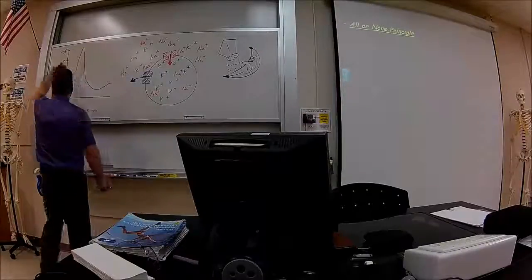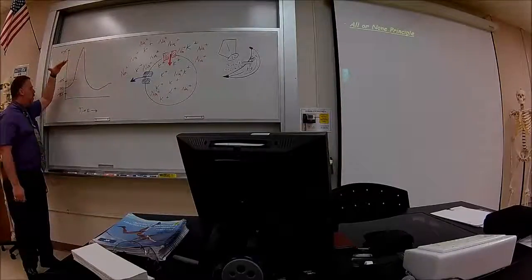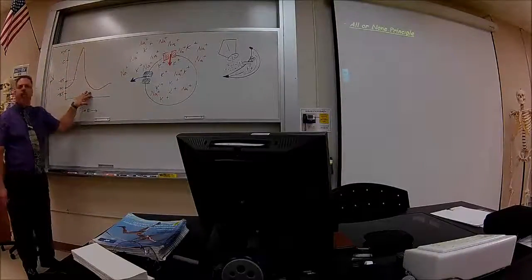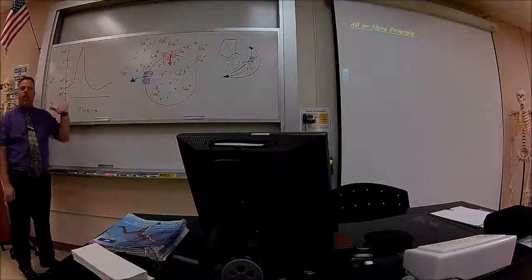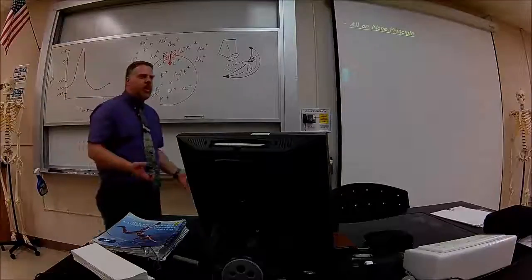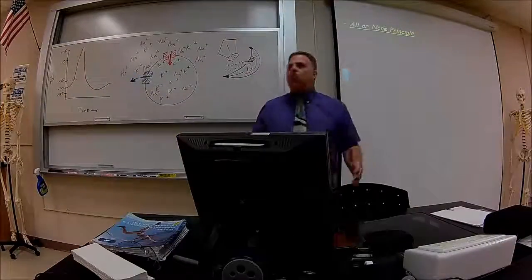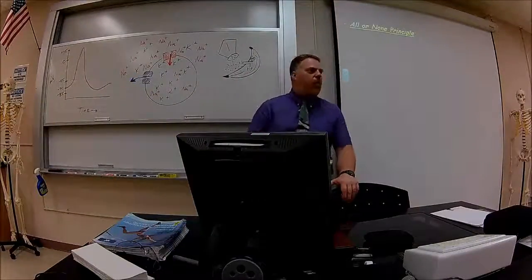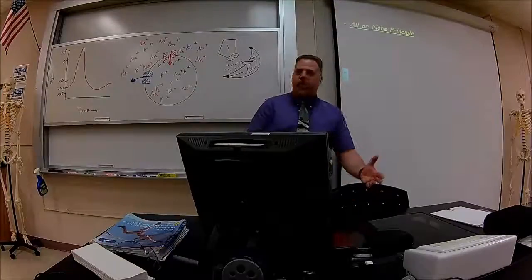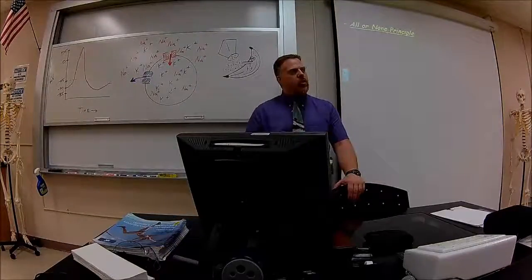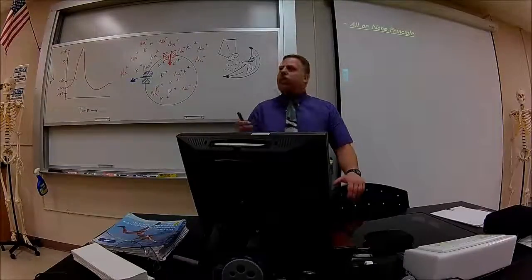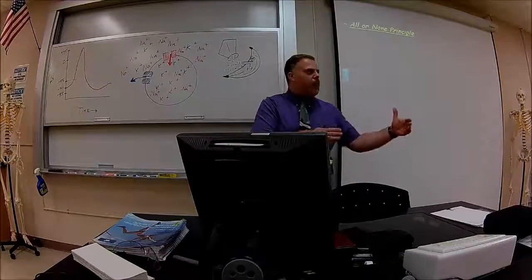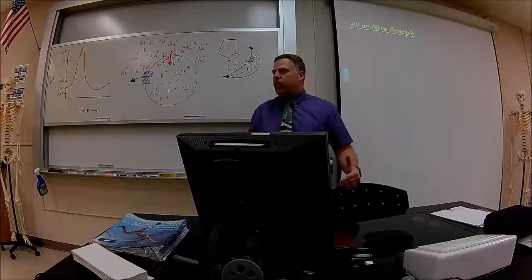It doesn't go higher than positive 35. It doesn't go lower than negative 70 for an action potential. I mean, here negative 85, yes. But I'm saying you can't make a stronger action potential. That doesn't happen. You can't make a weaker one. You either have it or you don't. An action potential is an action potential is an action potential. They're all the same. It's just you could have more frequent action potentials occurring or less frequent.